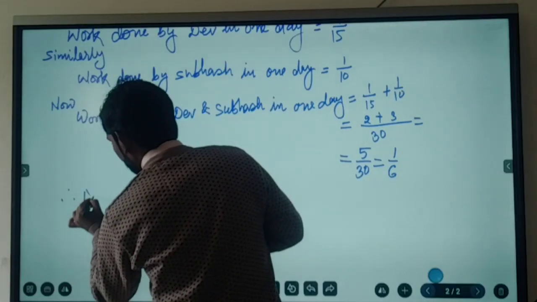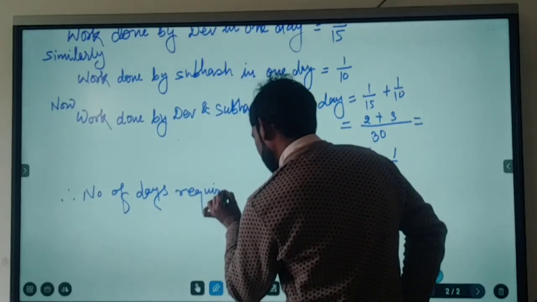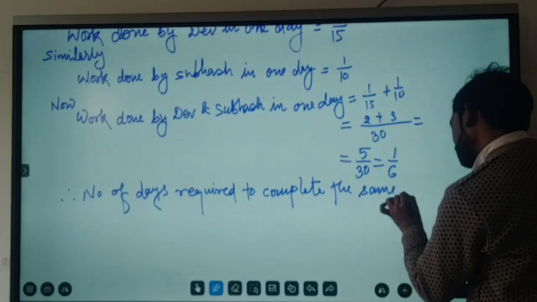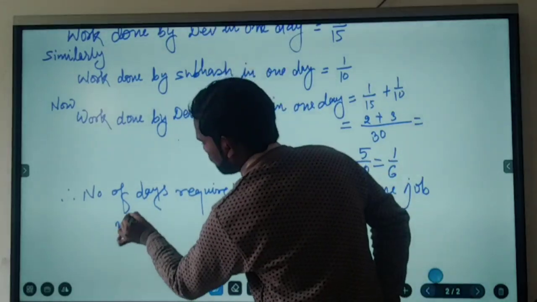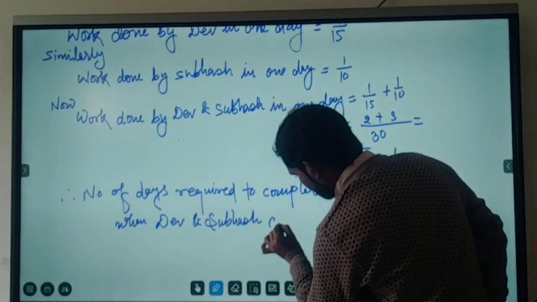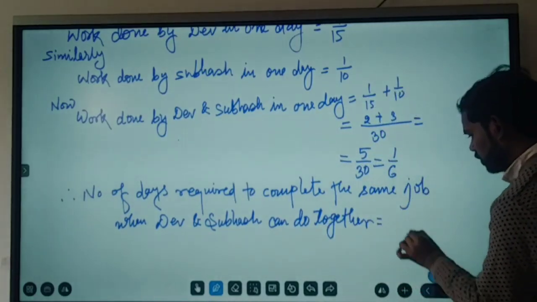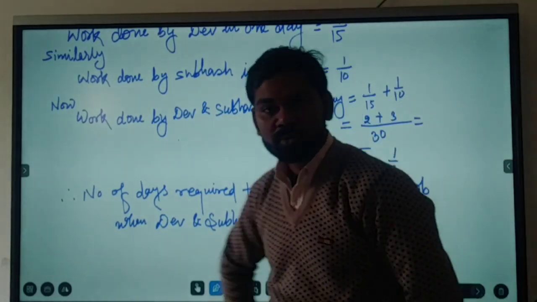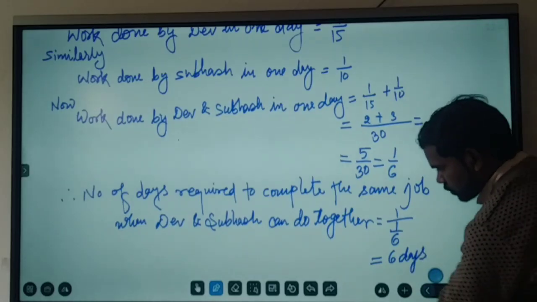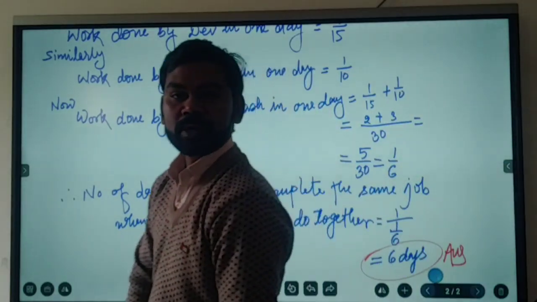Therefore, the number of days required to complete the same job when Dev and Subhas work together is the reciprocal of the work done by Dev and Subhas in one day, and this equals 6 days. So I hope it is clear to everyone.